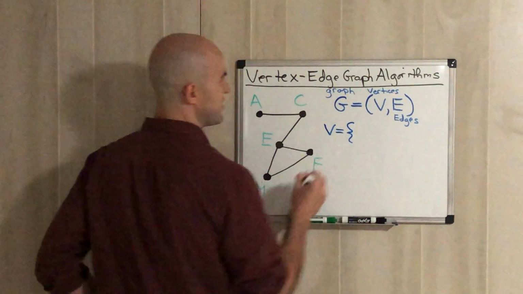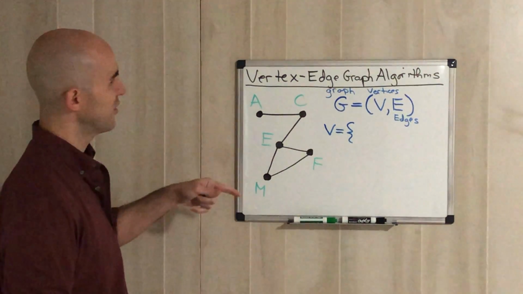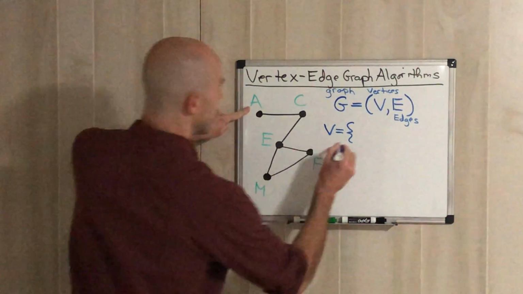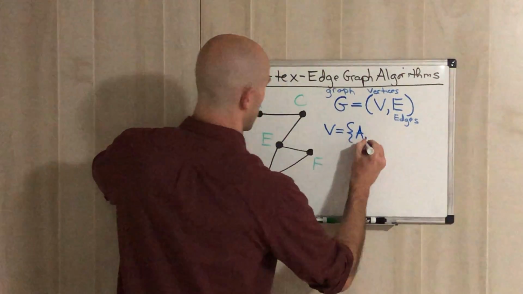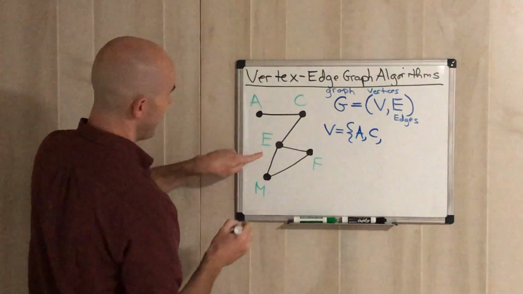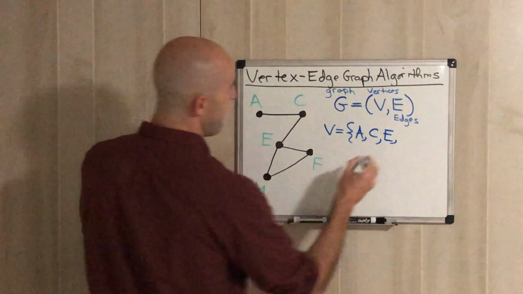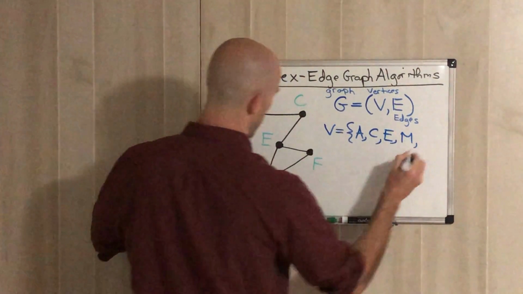All V is going to represent is all the vertices that we have. So what are the vertices that we have? We have A, C, E, M, and F.